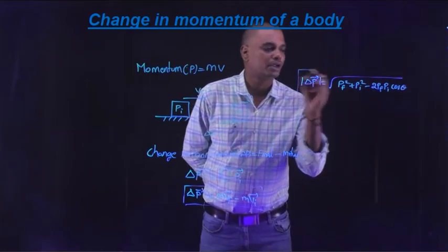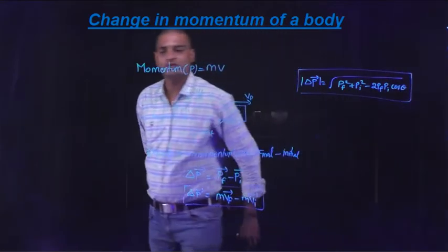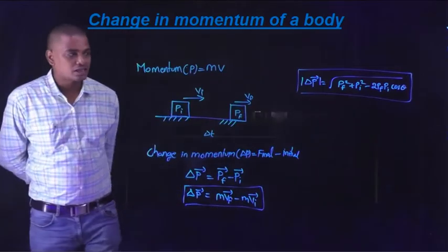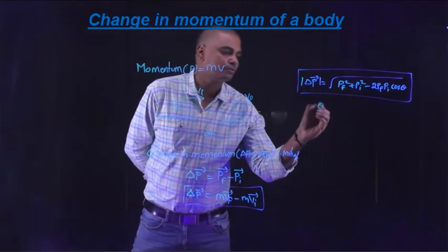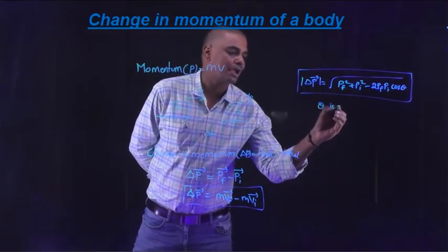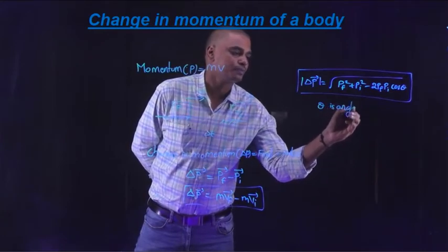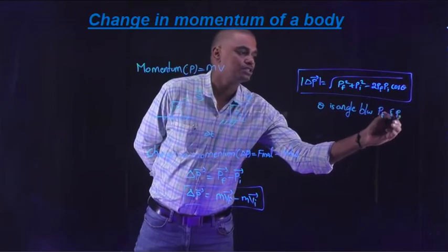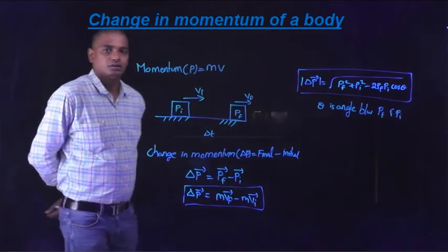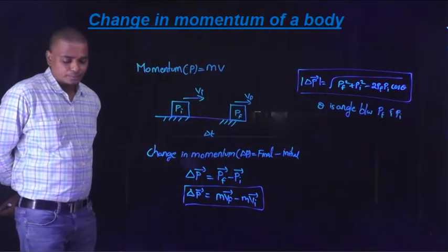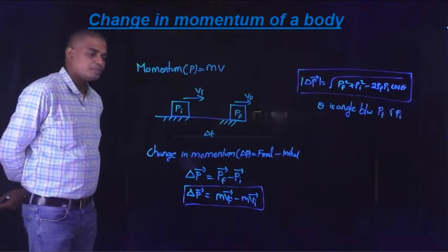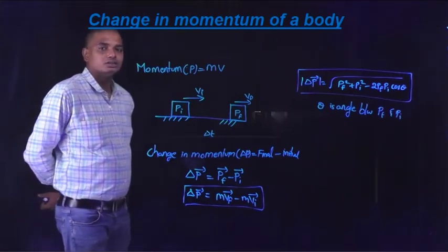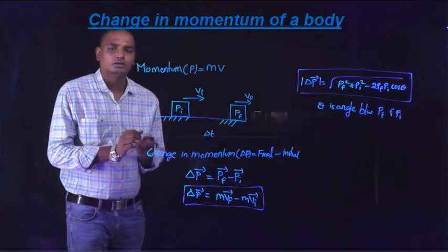It is the magnitude of change in momentum of the body, where theta is the angle between p final and p initial. In this manner, we have to calculate the change in momentum of the body.